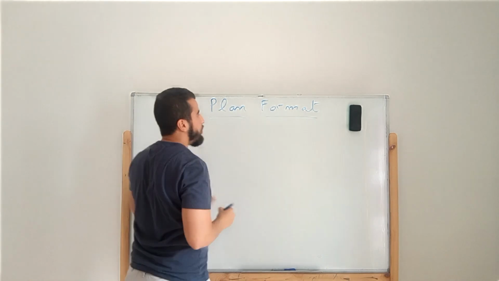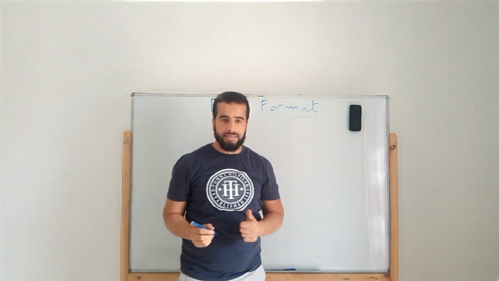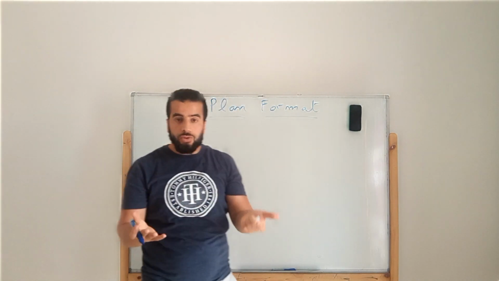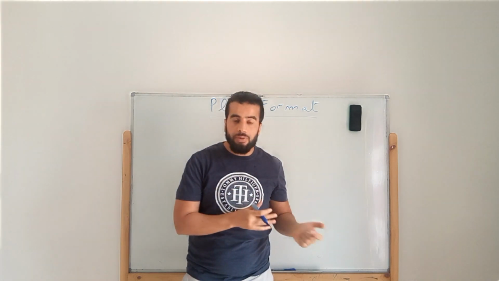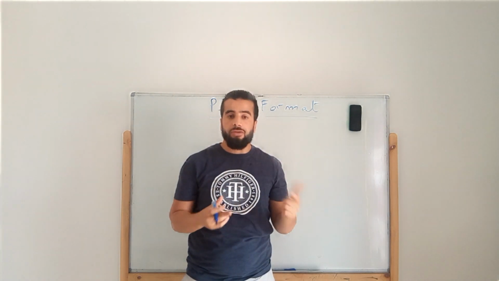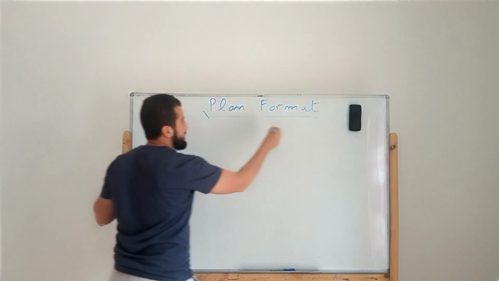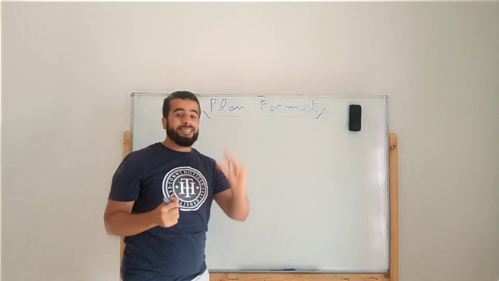Plan formats, obviously, are linked to your lesson. So, when you have lesson planning, it is bound up with 3 stages. So, planning itself is bound up with 3 stages.